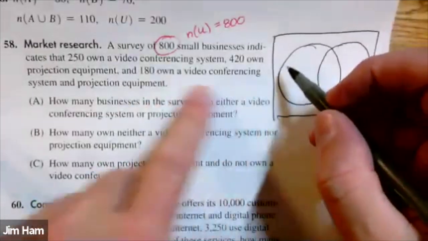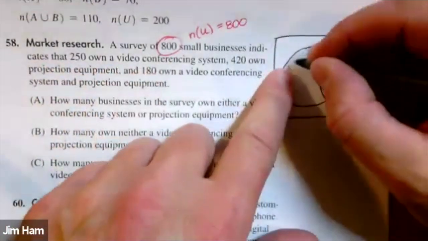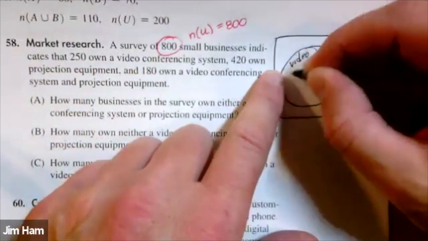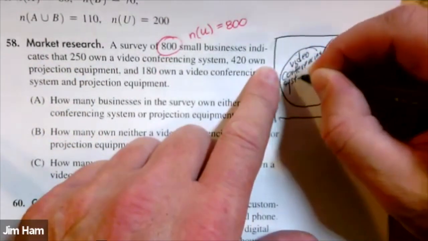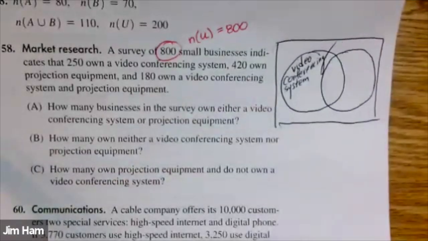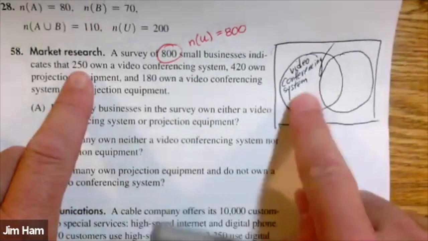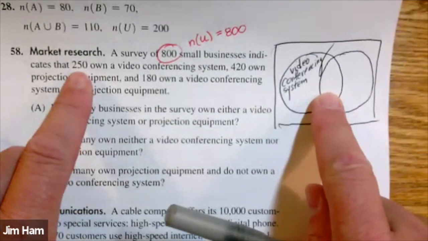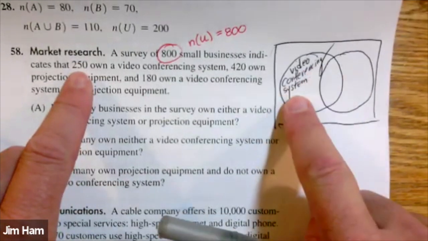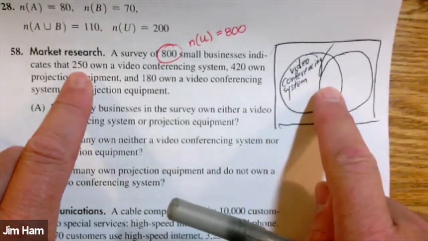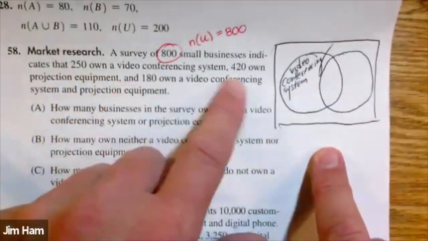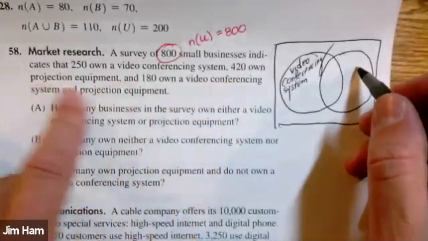The first circle deals with those that own video conferencing system, Zoom or something like that. Now I can't place 250 in here because I don't know how many of the 250 go in this region and how many of the 250 go in this region. So I'll just continue on. 420 own projection equipment.